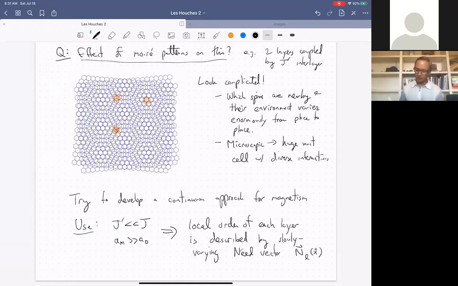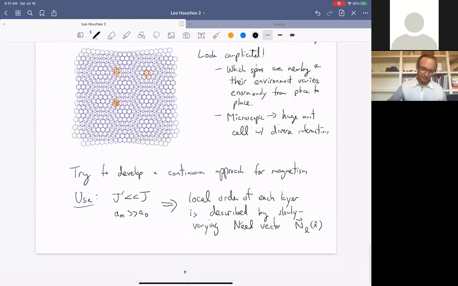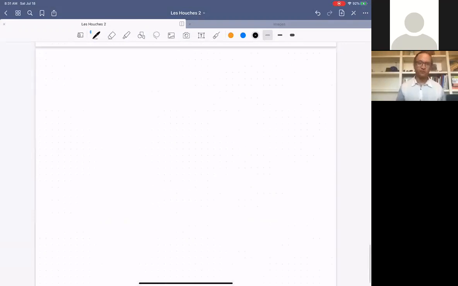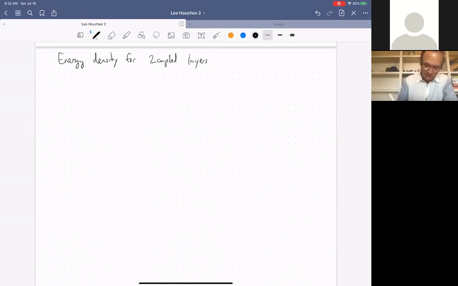So here, this can be different in different layers. We put a layer index and it will depend on the position. Then what we can do is we can write down the energy density for two coupled layers. So this is like writing down the Hamiltonian for the continuum model for two coupled graphene layers, for example.